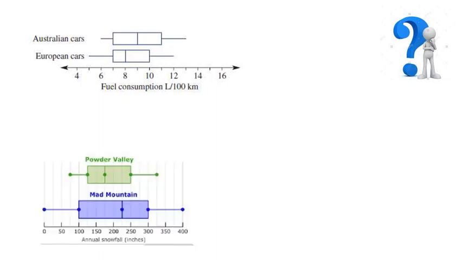If we're looking at the snowfall at two different ski resorts, the median of Mad Mountain has more snowfall than the Powder Valley. However, the Mad Mountain has a higher spread, so the range is bigger, as well as the interquartile range is bigger for Mad Mountain.